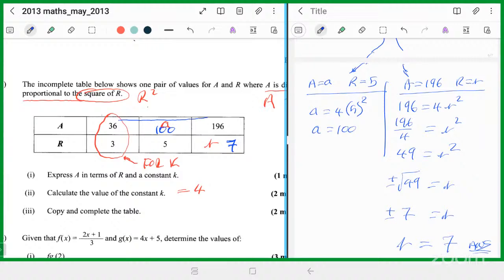These values are increasing, and these values are also increasing. All right, let's continue.